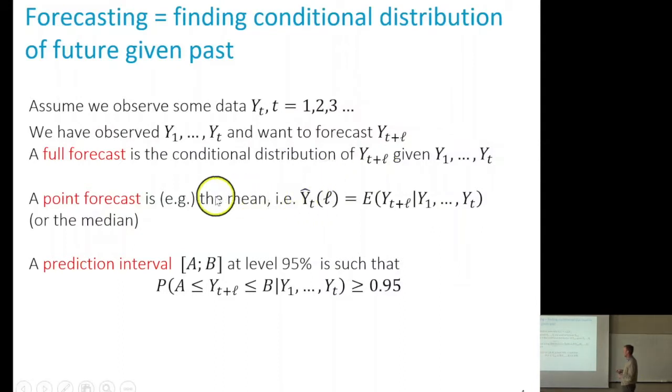For example, if we take the mean of the conditional distribution, it is called the conditional expectation. And the traditional notation is this one. The conditional expectation of yt plus L given y1 to yt, which I write here y hat of t. Y hat to say it's a forecast. Index t means it's done at time t, based on all the information I have at time t. And L means L steps ahead in the future.